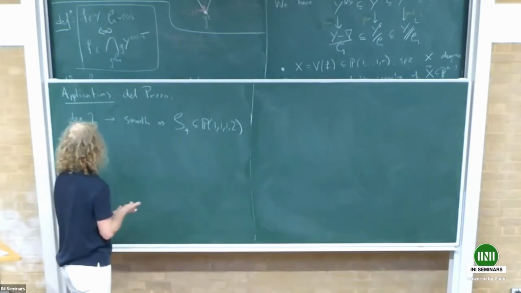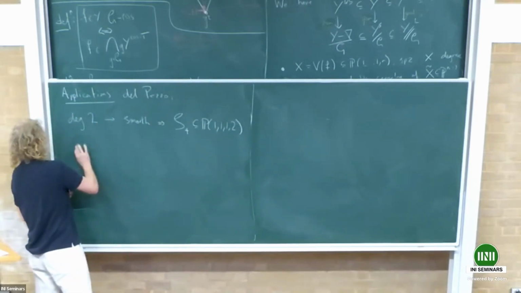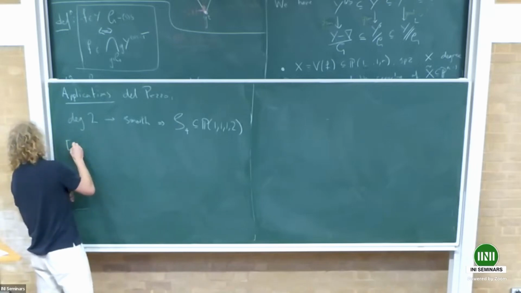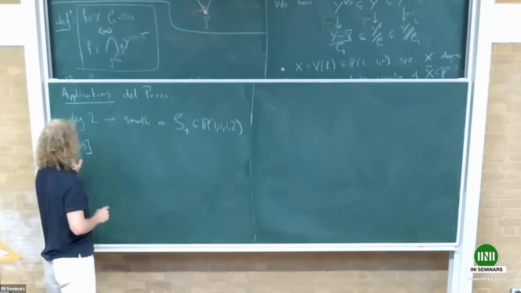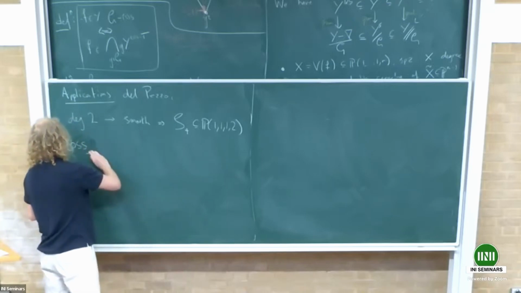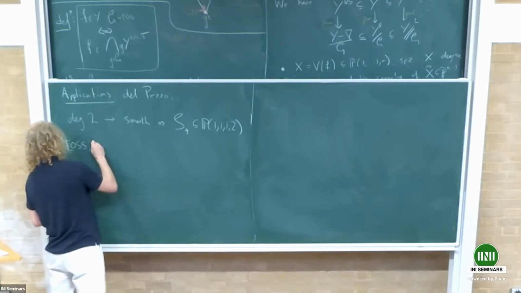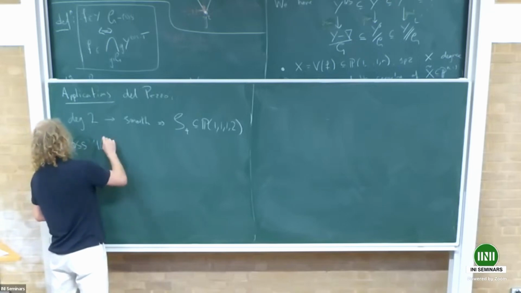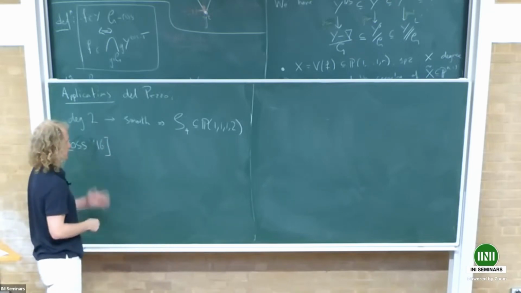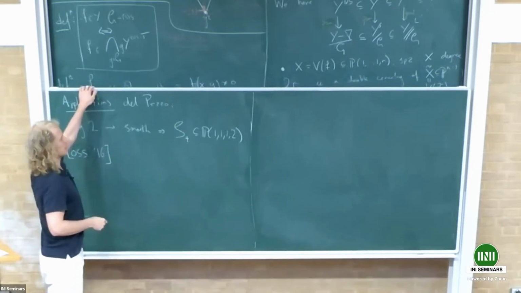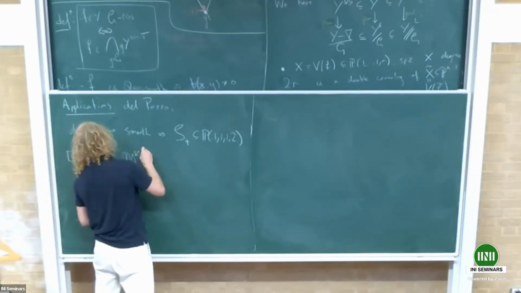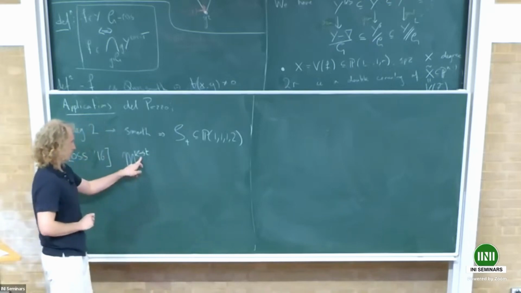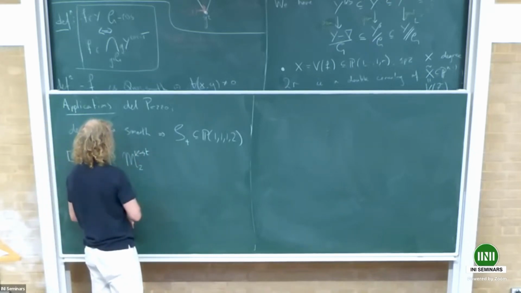And what this means is that, so this was kind of done by hand. But Odaka, Spotti, and Sun, I think in 2016, when looking at the K-stability of these Del Pezzo surfaces, they essentially constructed the moduli space of K-stable Del Pezzo surfaces of degree 2, okay?